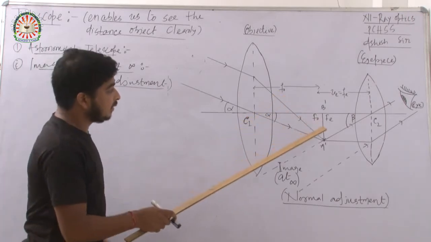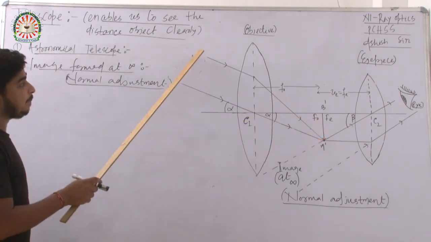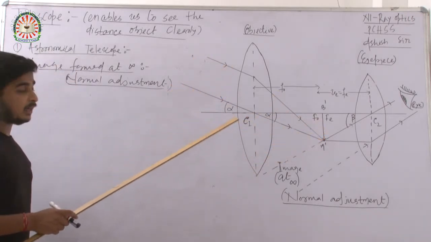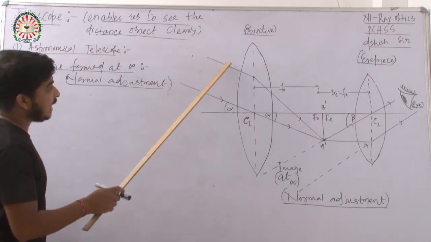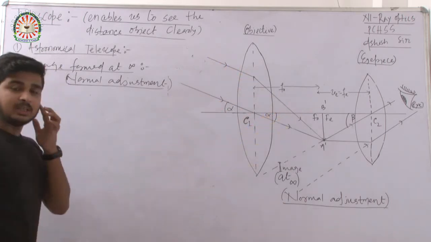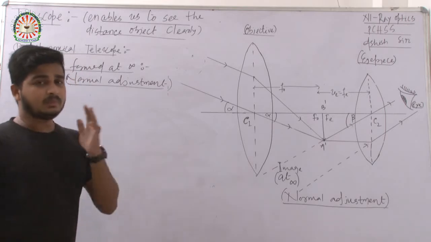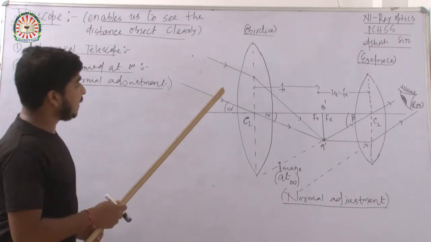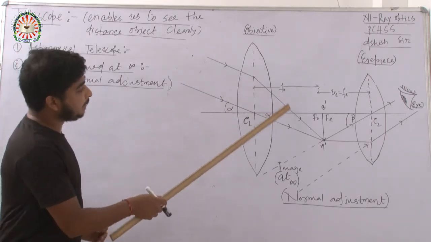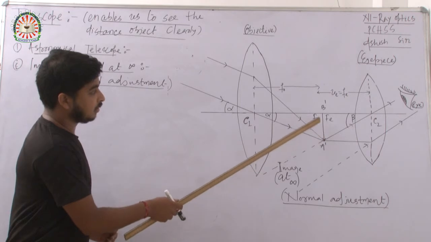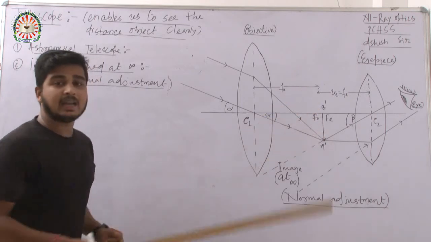So here I have intentionally taken parallel rays that are not parallel to the principal axis. We know that parallel rays of light after refraction meet at the focus. So these two parallel rays, coming from infinite, meet after refraction in the focal plane.